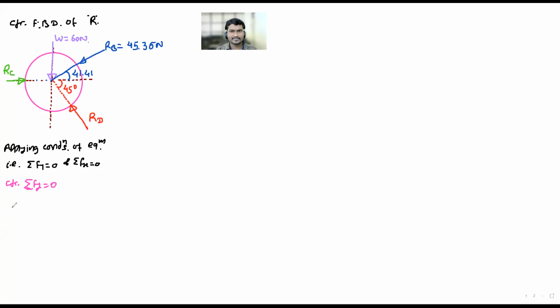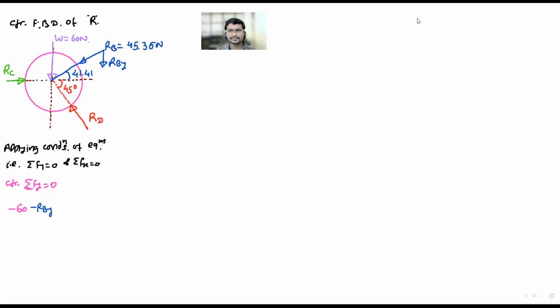Minus 60, because it is coming vertically downward. Next, minus RBY, the vertical component of RB, which is coming vertically down, so minus RBY.